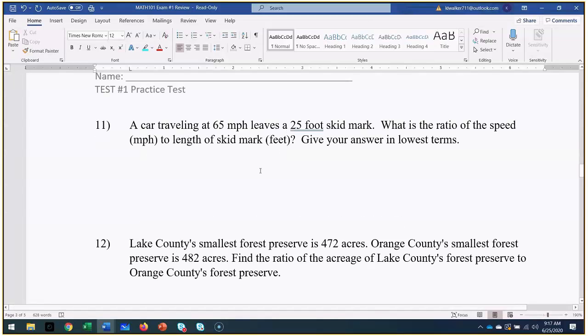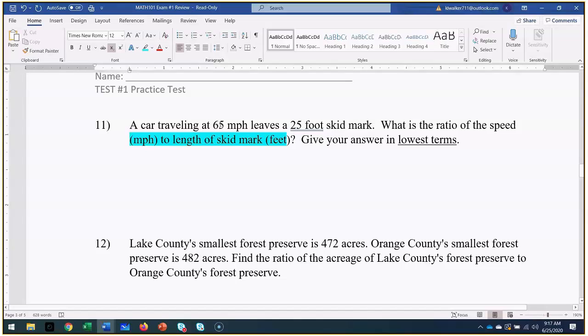All right, a car traveling at 65 miles per hour leaves a 25-foot skid mark. What is the ratio of the speed to length? Lowest terms. Okay, so if they just want a ratio, they just want a fraction that's reduced. So give it in the order that they asked for.